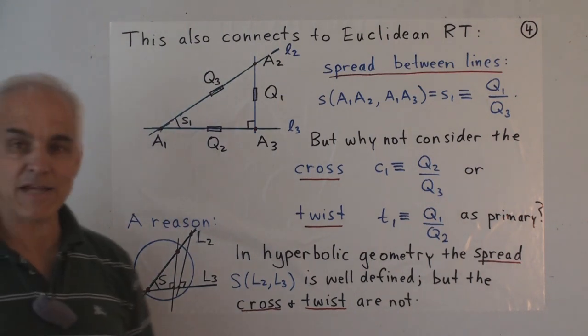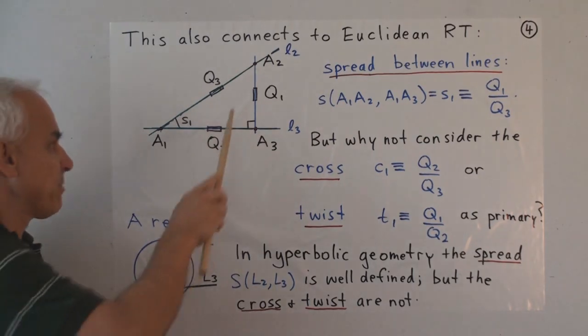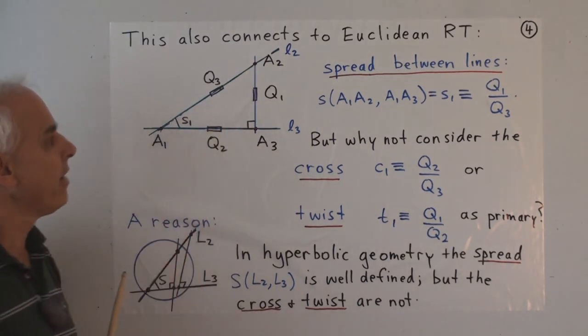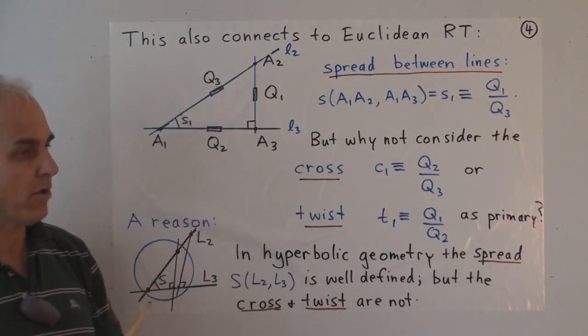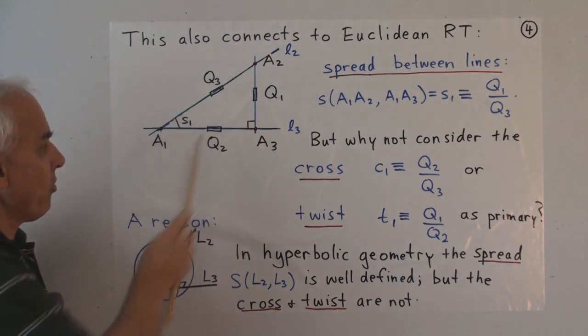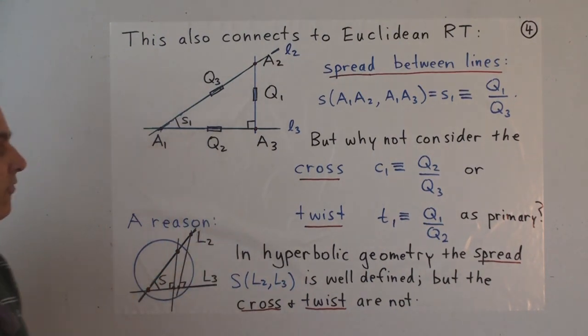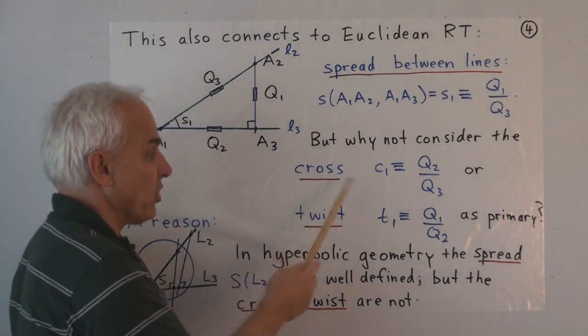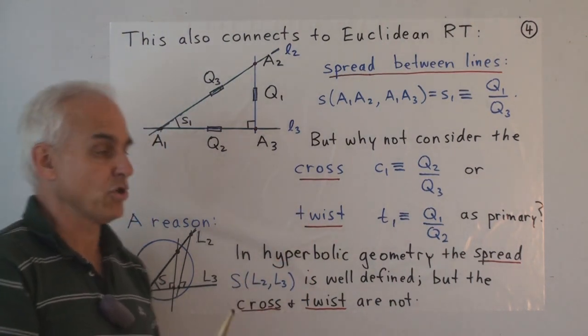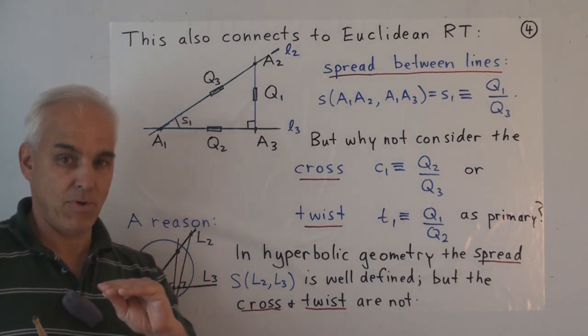Now, many people have asked me, why do we use the spread? Why do we use this particular ratio between these three quadrants? And why not say the ratio of this to this, or maybe this to this, or some of the reciprocal ratios? Those other ratios do in fact have names in rational trigonometry, and they do play an interesting role, but it's a secondary role.